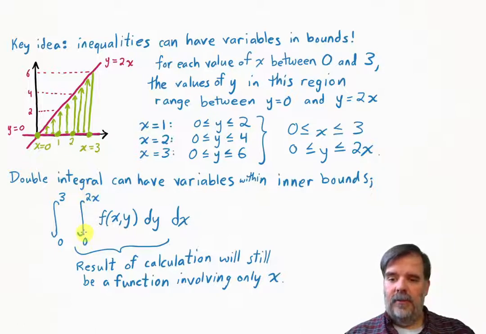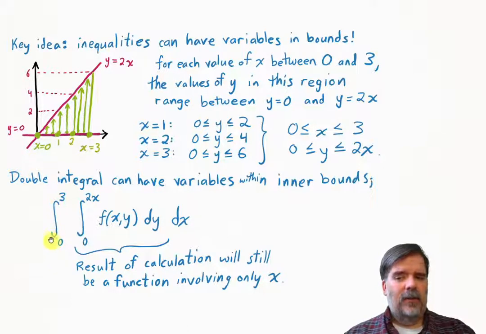So in this case, we're going to write our double integral, and we can have variables within the inner bounds. This is why from now on I'm always going to put y as the inner variable, because I don't want to have a variable on the outside bounds.